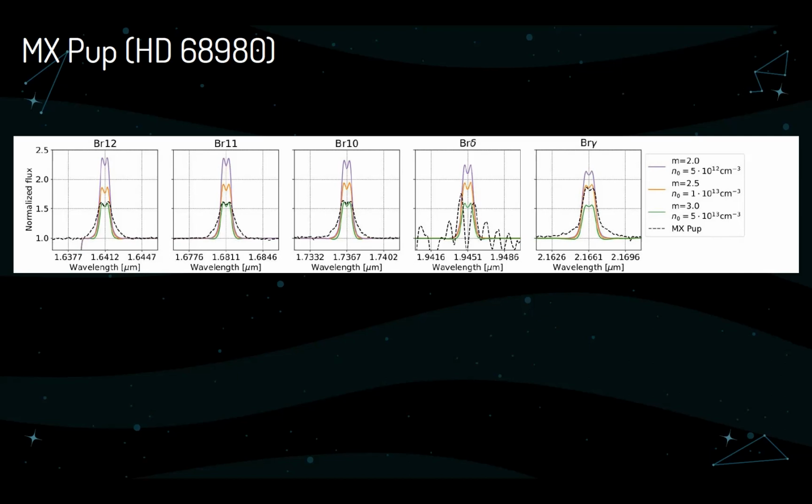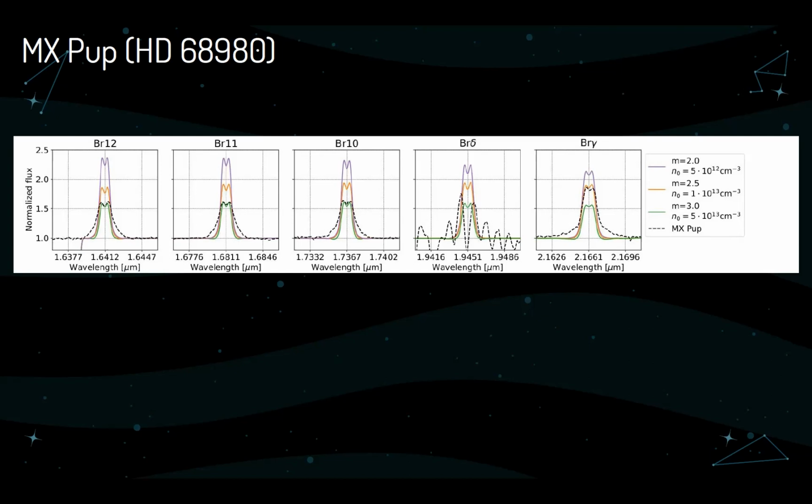You said that the width of the lines could come from the inclination, but the Brackett lines from 10 to 12 all nicely fit with the green line. But for Brackett gamma, the yellow line is a much better fit, with different parameters.